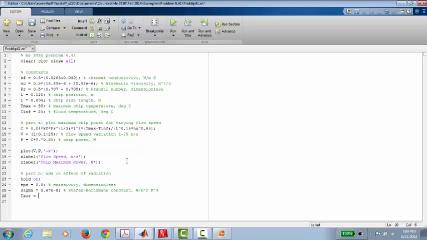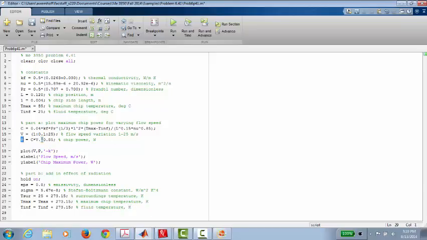And the surroundings have a temperature of 25 degrees C. But we have to put everything in terms of Kelvin here. So we need to update our values for T max and T infinity. T max is now T max plus 273.15, and T infinity plus 273.15.